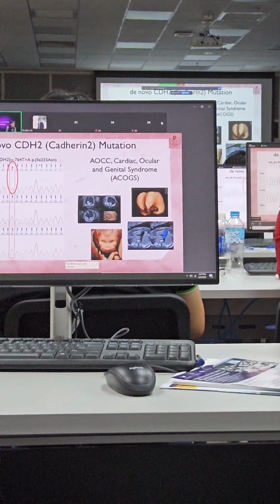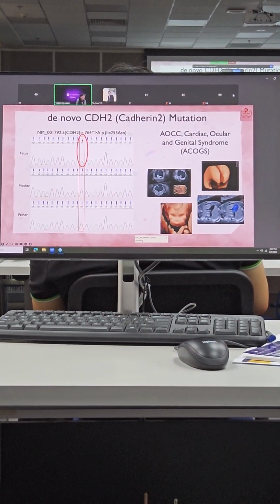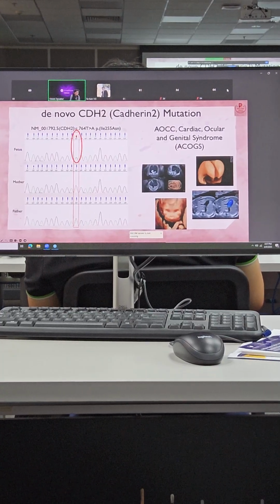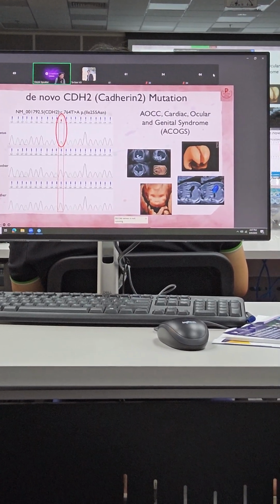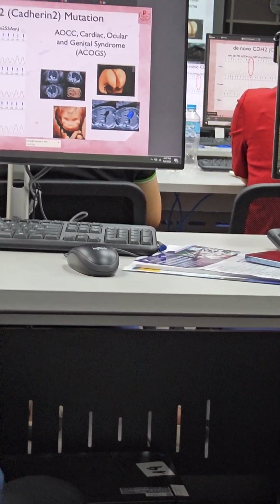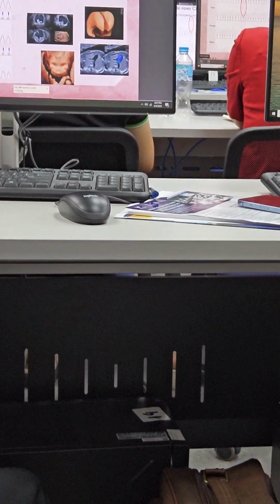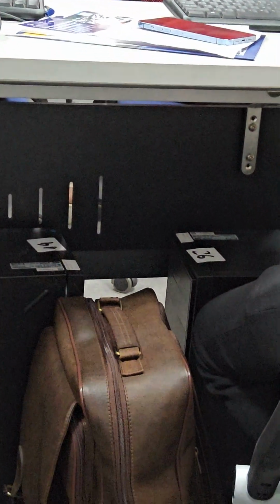This gene variant causes agenesis of the corpus callosum, and cardiac and ocular abnormalities. So this case had brain abnormality, heart abnormality, and ocular abnormality.